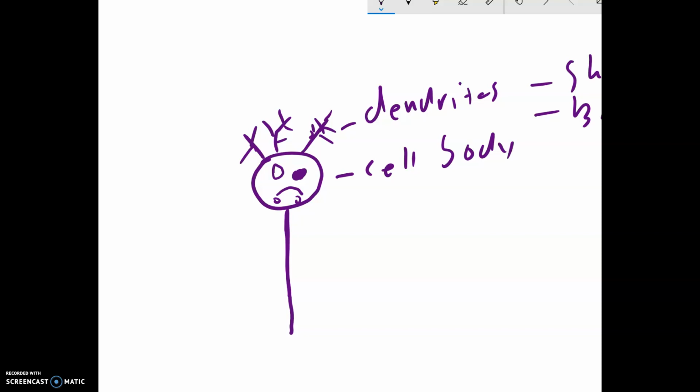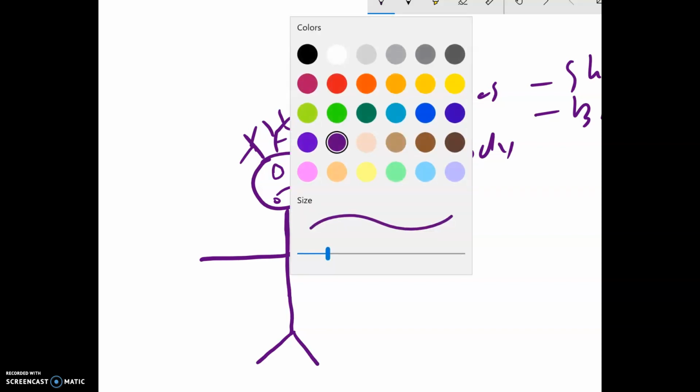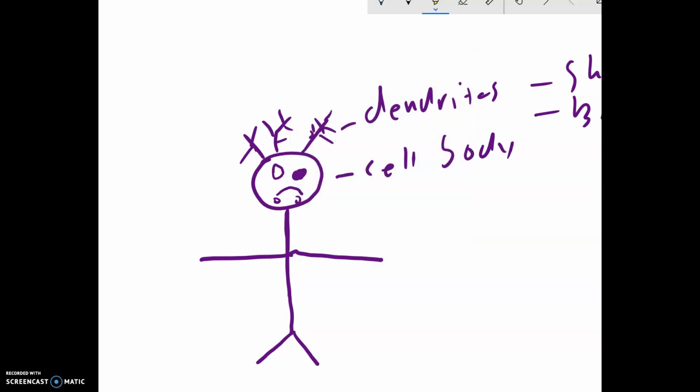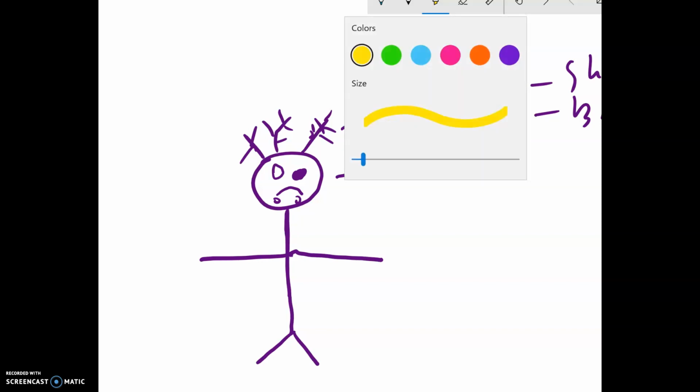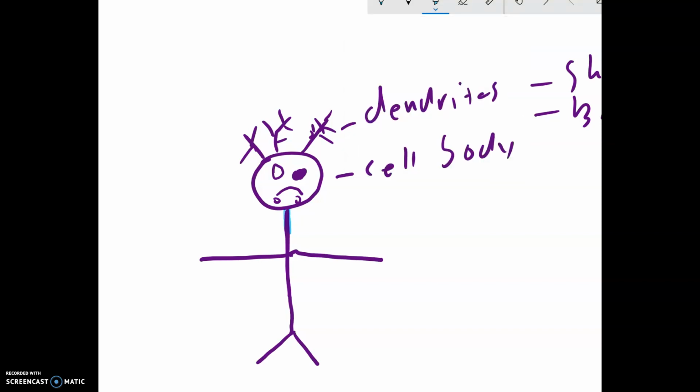Now the axons might be branched, and they could have a branch very close to the hillock. Now most axons are actually myelinated. So I am going to actually highlight this. So they're myelinated. So they have this stuff called myelin. And these branches are myelinated too.